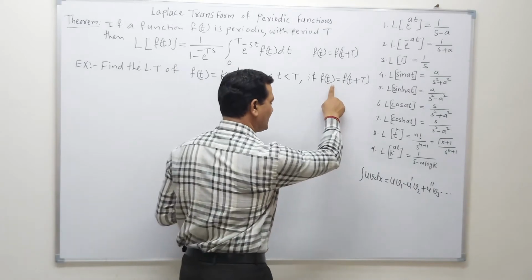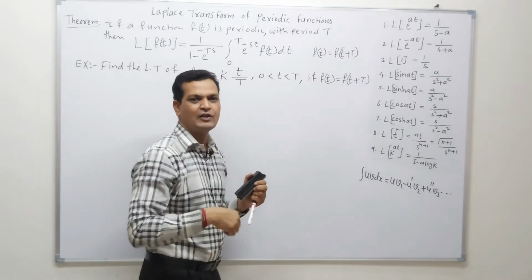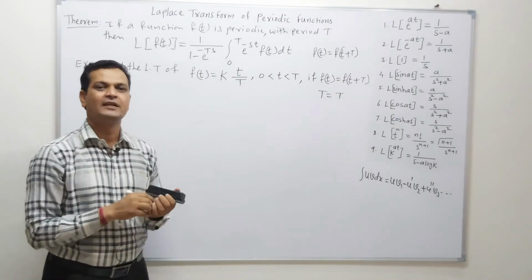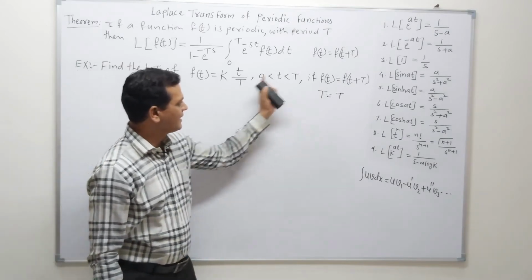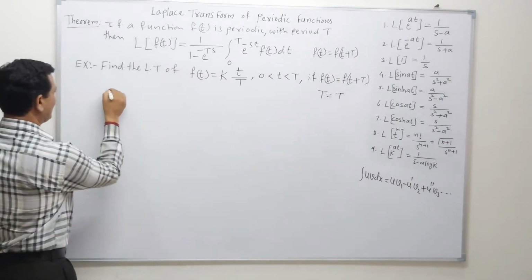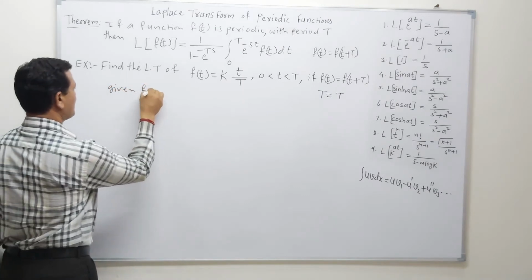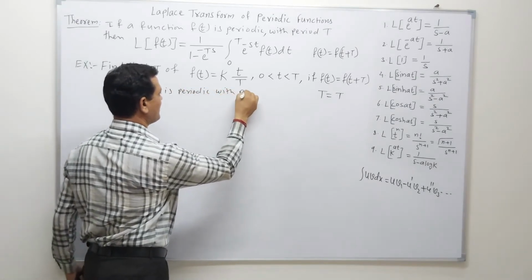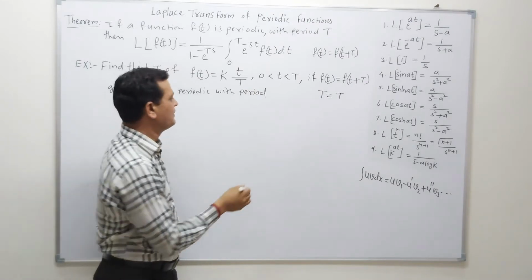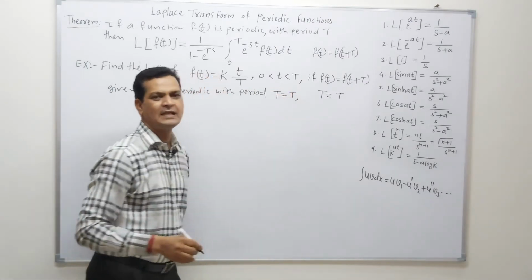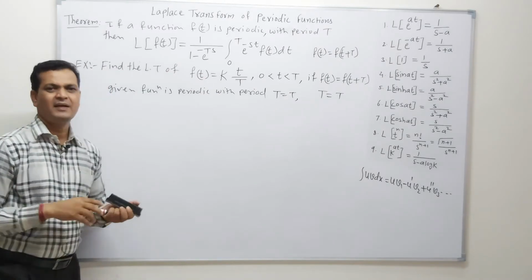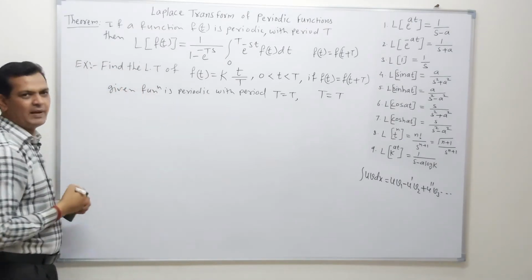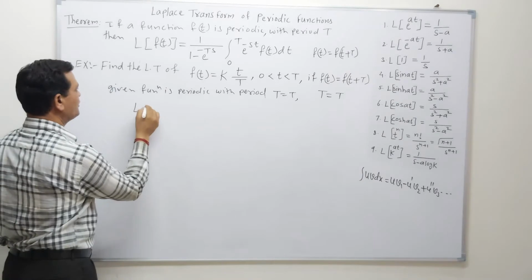So if we compare this given concept with the definition of periodic function, then we get the value of capital T as capital T. That means we get the same value for period. That means this is the given function which is periodic. So given function is periodic with period capital T is equal to T itself. Then by definition of periodic function, put the value in this definition.